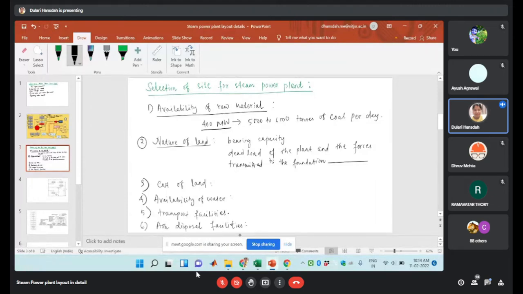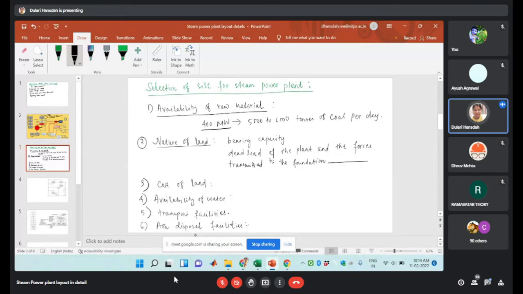In case of the ash handling system, generally we are handling hot ash as well as highly corrosive ash. So there should be sufficient space near the plant so that a large quantity of ash can be disposed.